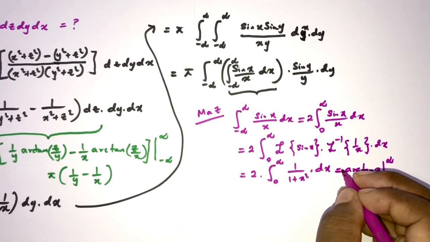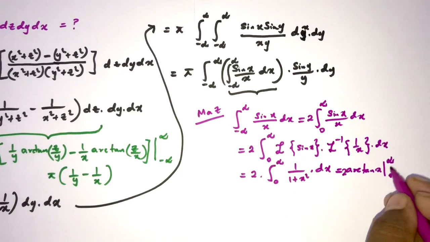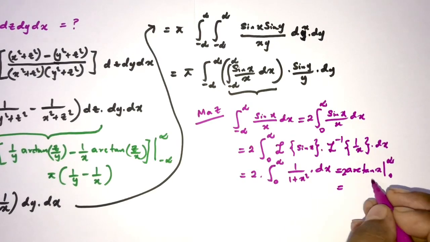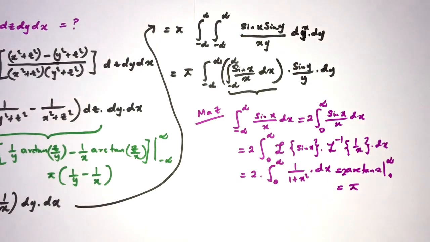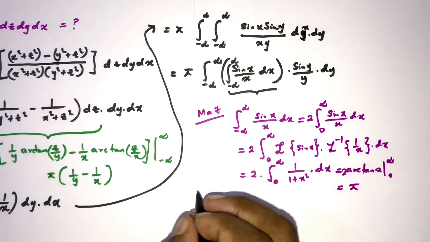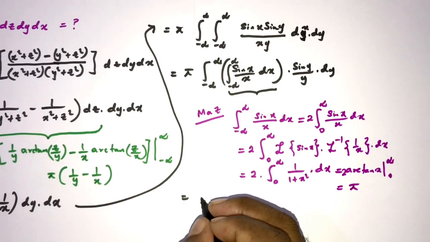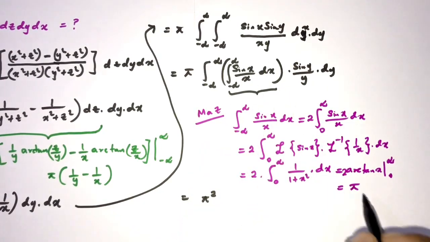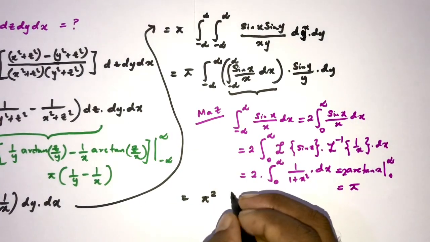If we apply limits, we know pi over 2, so 2 times pi over 2 is pi. Okay, then we can write our integral is equal to pi square, because for this integral the answer is pi.